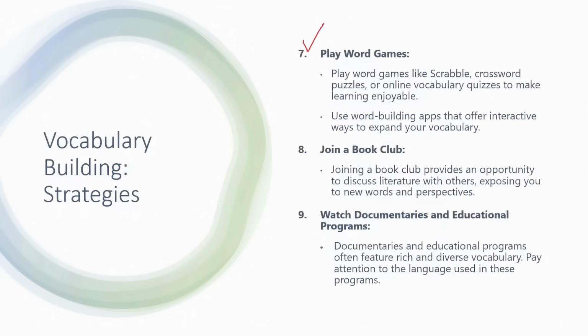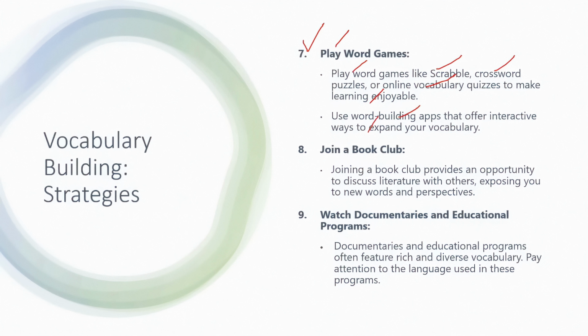The next strategy that can enhance vocabulary is playing word games. Play word games like Scrabble, crossword puzzles, or online vocabulary quizzes to make learning enjoyable. Use word-building apps that offer interactive ways to expand your vocabulary.